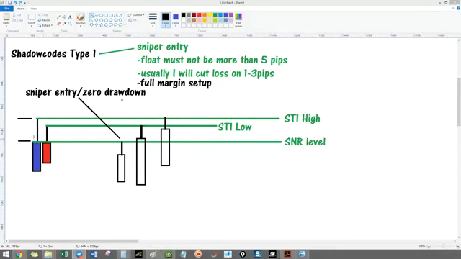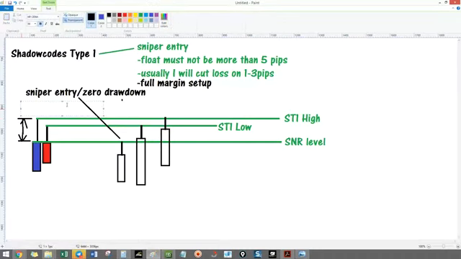So we have 3 levels. For example, you use the SNR zone, this level up to here. For example, this zone is 30 pips.